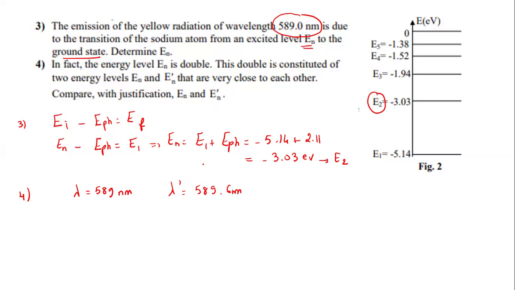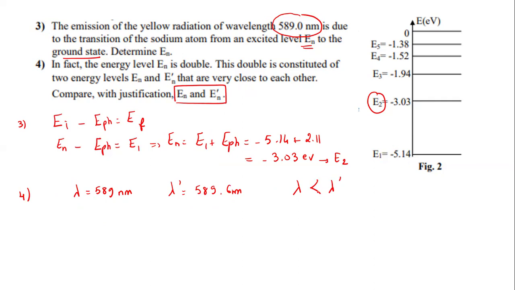The question is: compare with justification En and E prime N. In order to compare, both of them fall down to the state E1, so I have to look at the lambda prime. The question is which is bigger, En or E prime N. If I look here, I have lambda is smaller than lambda prime.